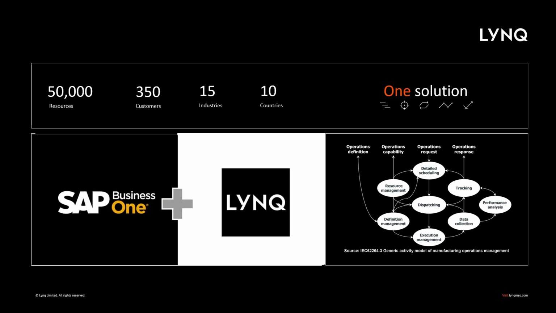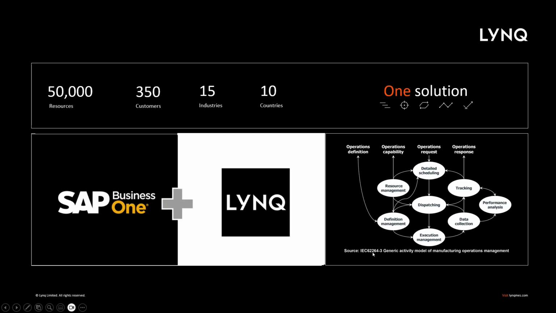Today, our software improves the effectiveness of more than 50,000 resources, increasing efficiency, productivity, and profitability of manufacturers. Our software is highly configurable and currently supports both discrete and process-based manufacturers across 15 industries and in more than 10 countries.